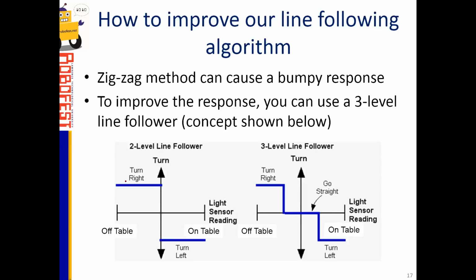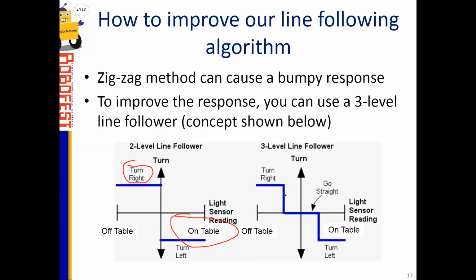All right, so the 2-level line follower, like we were saying, is if I'm off the table, I'm going to turn right. If I'm on the table, I'm going to turn left. Well, that causes a lot of wiggle waggle, zigzagging, which also in the long run, because we're going to want to measure distances accurately, could add extra distance to your robot as it moves forward, because all that extra wiggle waggling will be counted by the rotation counters.